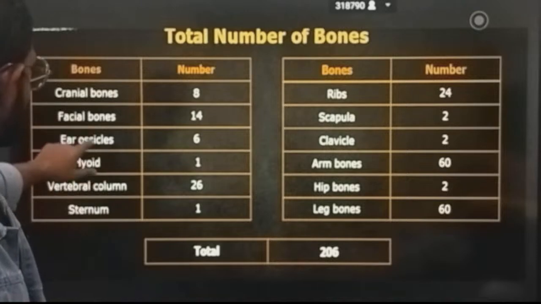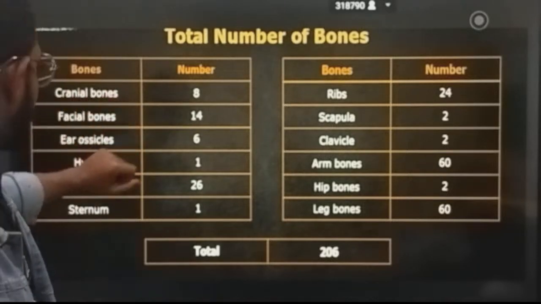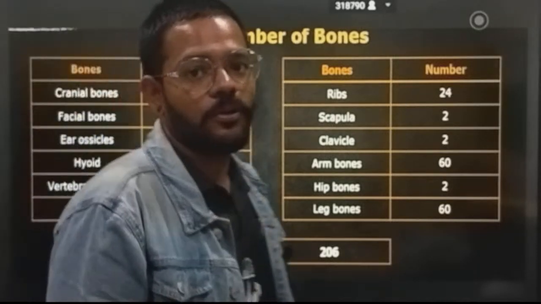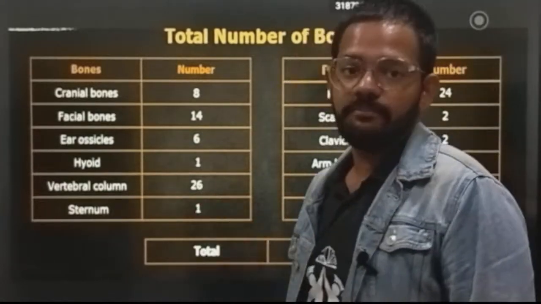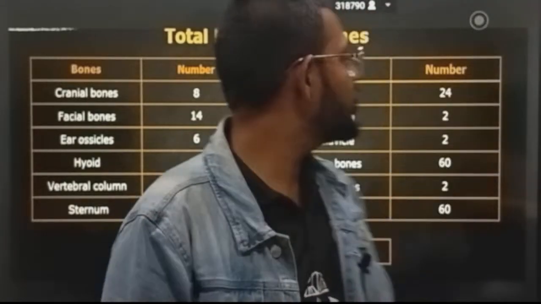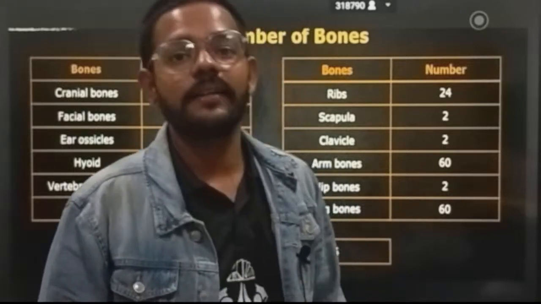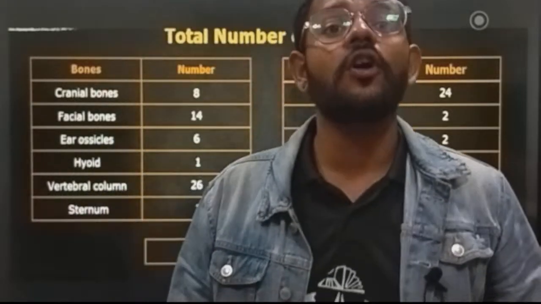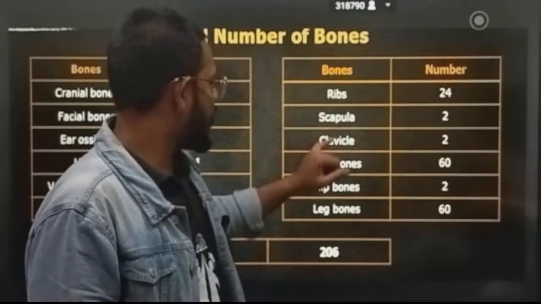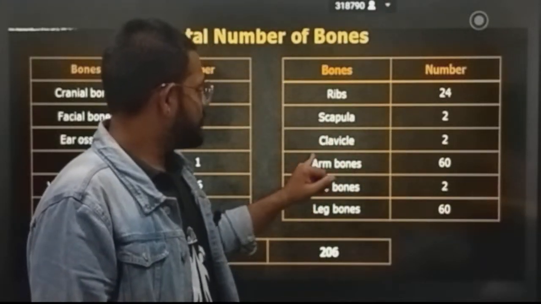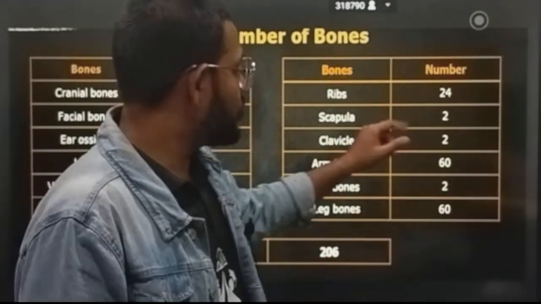Cranial bones and facial bones together make your skull. Then ear ossicles and the hyoid bone are part of the skull. Then the vertebral column, 26 in number, the sternum, a single bone, then ribs, 24 in number, together form your axial skeleton, 80 bones. Next we have scapula and clavicle, part of the pectoral girdle, 4 bones.